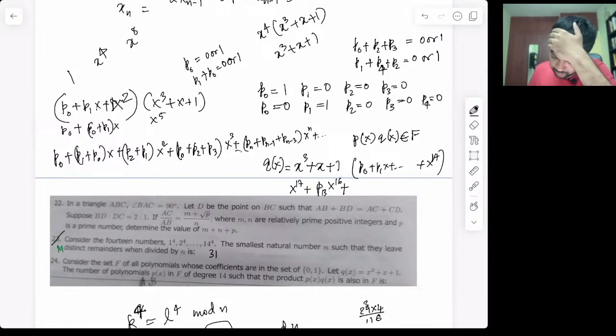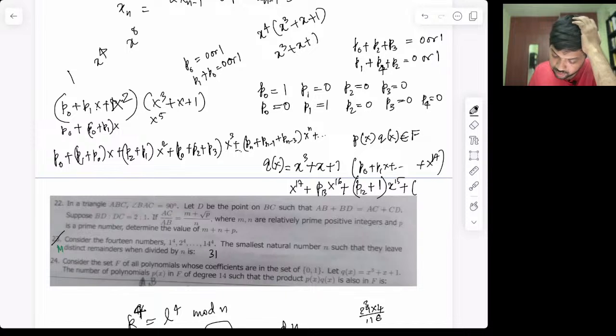And next is x power 15. So again by x power 14 multiplying x, or x power 12 multiplying 3, or x power 14 and so on. From now onwards there is no issue.